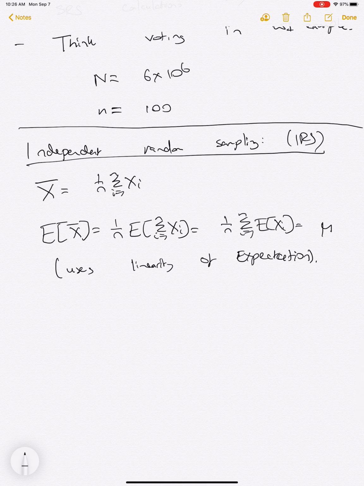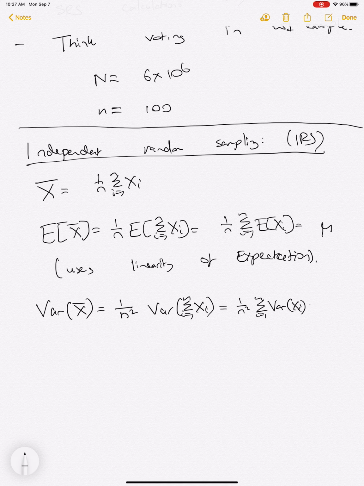And then if we wanted to calculate the variance of x bar, we know that when we pull out a constant, it gets squared for variance, and so we end up with sigma squared over n.